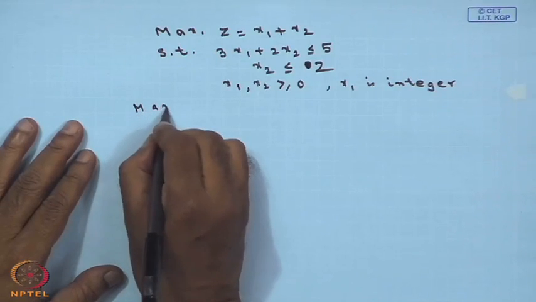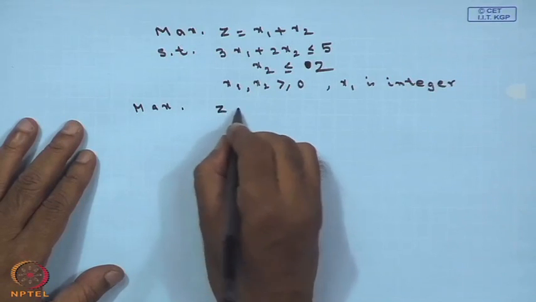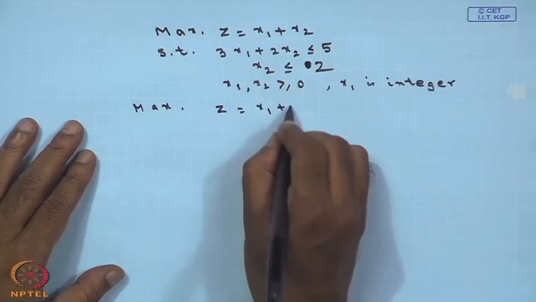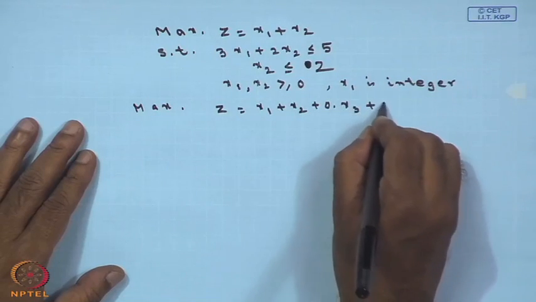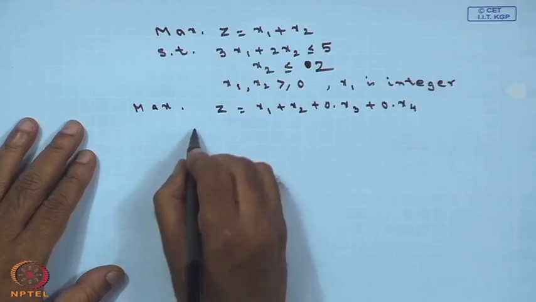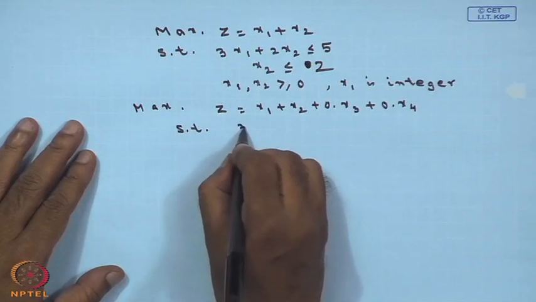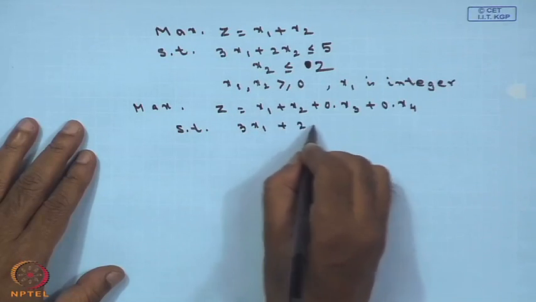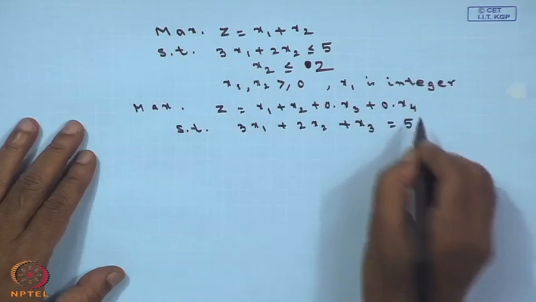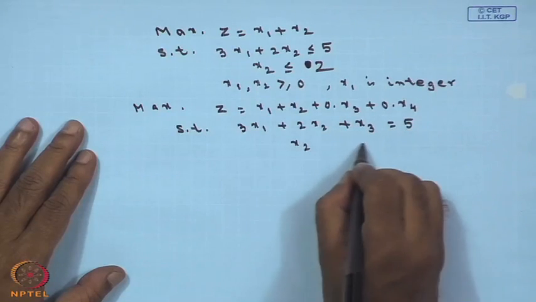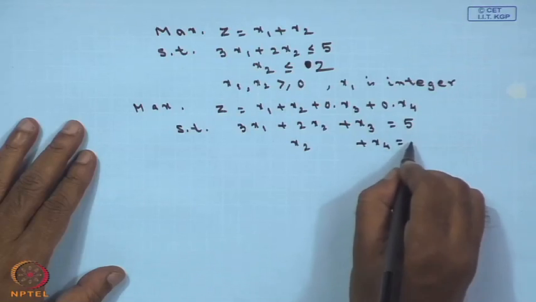So, at first we write it in the standard form by introducing the slack variables: maximize Z equals x 1 plus x 2 plus 0 into x 3 plus 0 into x 4, subject to 3 x 1 plus 2 x 2 plus x 3 equals 5, and x 2 plus x 4 equals 2.